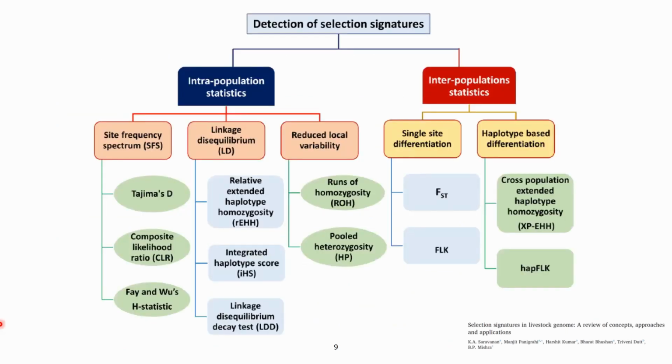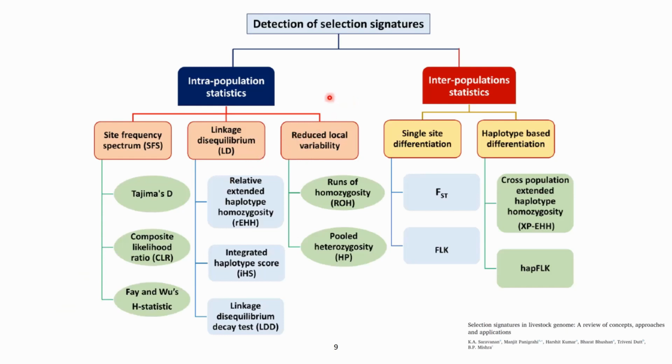Well, for the detection of the selection signatures, there are plenty of methodologies, and I actually don't want to go into details for any of these. I would mention just this very neat graph, which actually shows two important things.